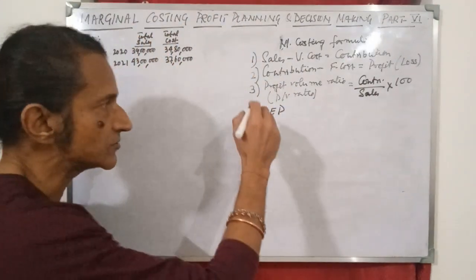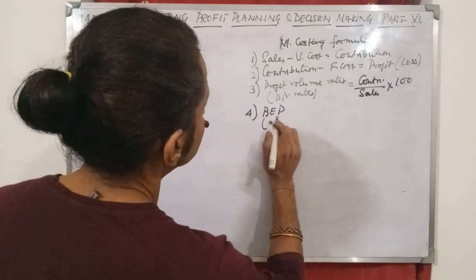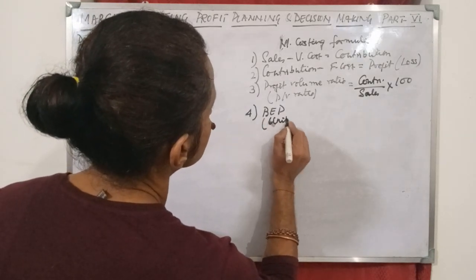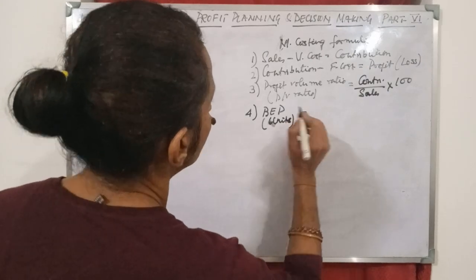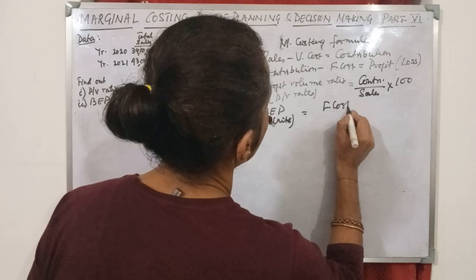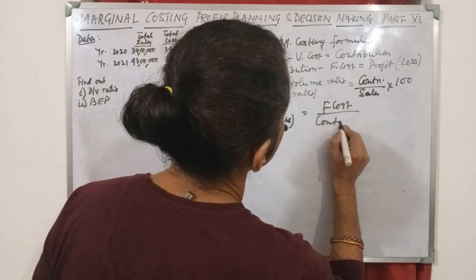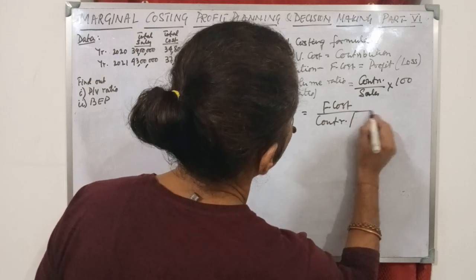So when it is in terms of units or quantity, the formula is fixed cost by contribution per unit.